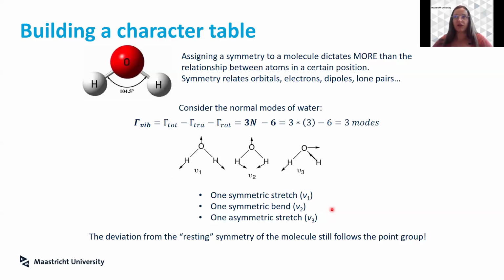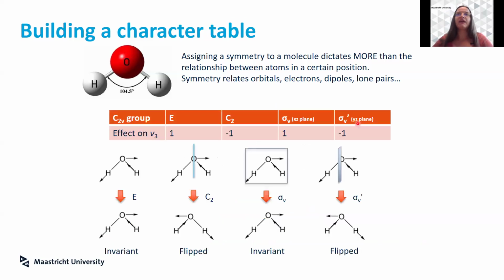So these are things that you can do, and it's 3 of them, so you know you can do them, but they will go according to the point group. How do we classify this vibration according to the point group? This is done by looking at what happens according to the symmetry operations of the group if you do this.